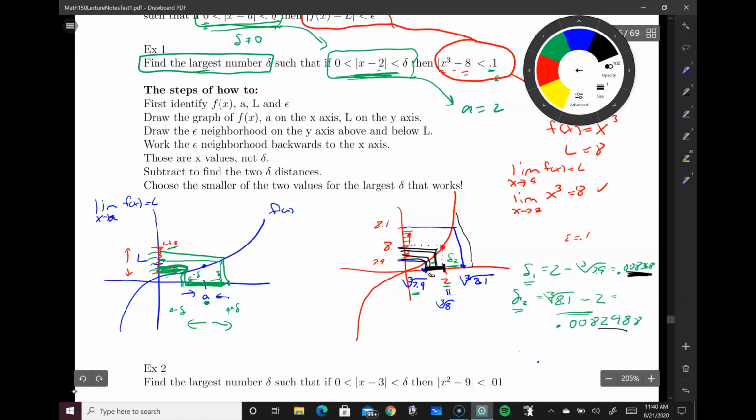Oh no, I would not be in the epsilon neighborhood. So I have to choose the smaller of the 2 deltas. Therefore, the delta that will work will be 0.0082988.